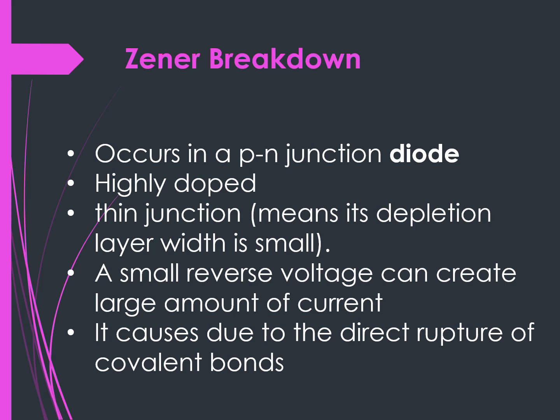The Zener breakdown is not caused by collision, it is caused by the direct rupture of the covalent bonds. This happens when the width of the depletion layer is small.